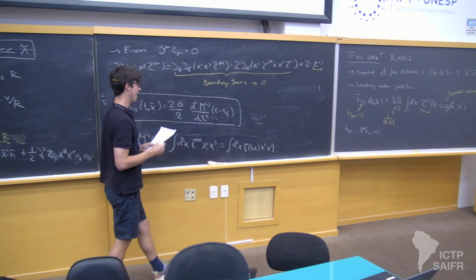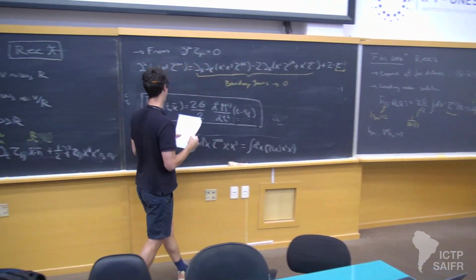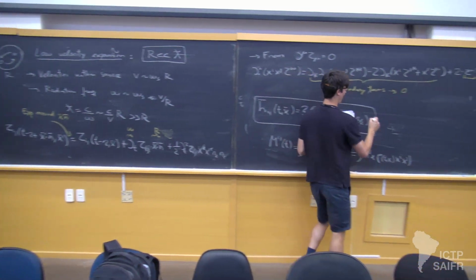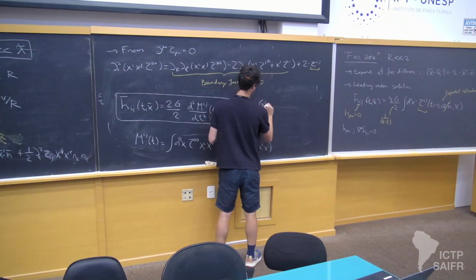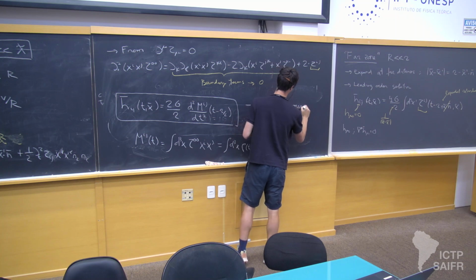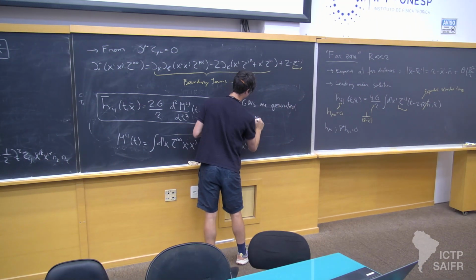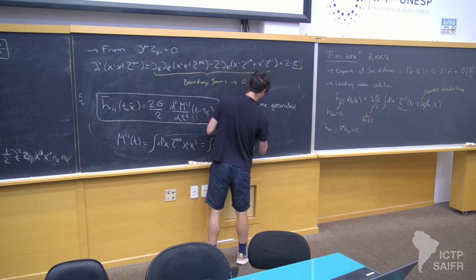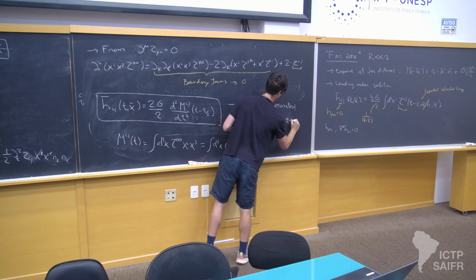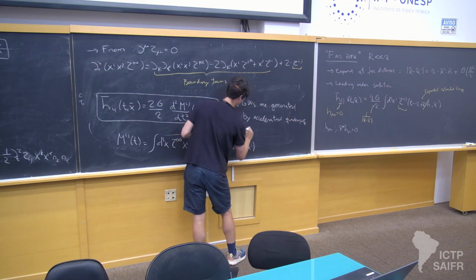So this result is telling us that gravitational waves are generated by accelerated quadrupole mass moments.